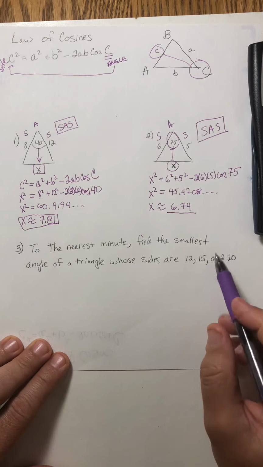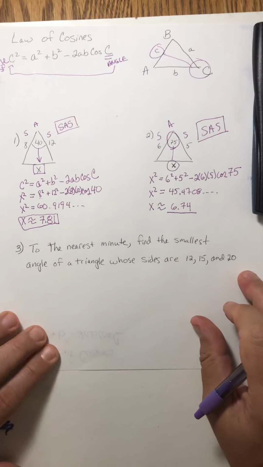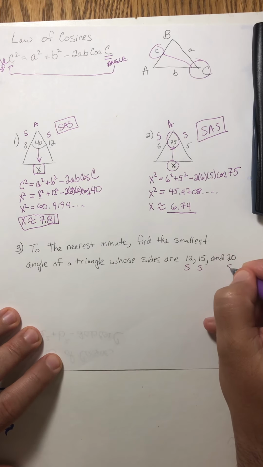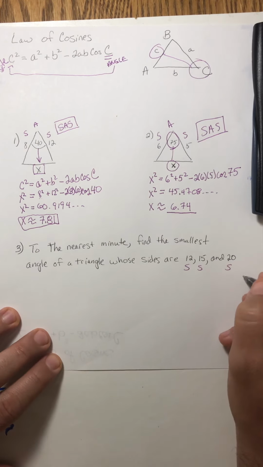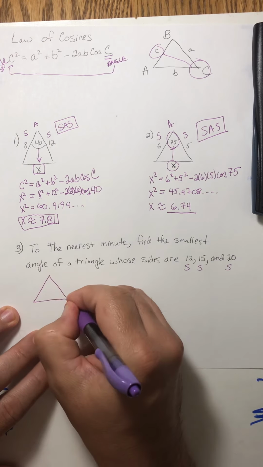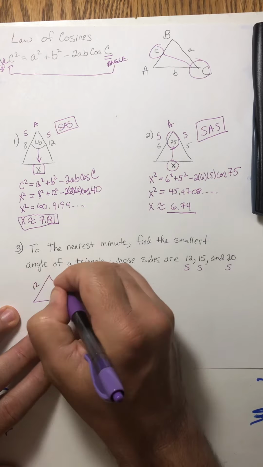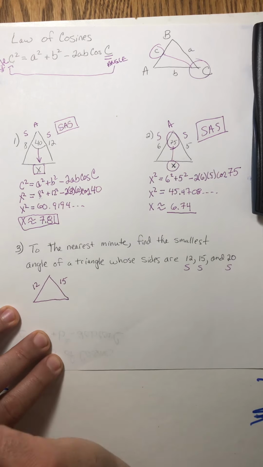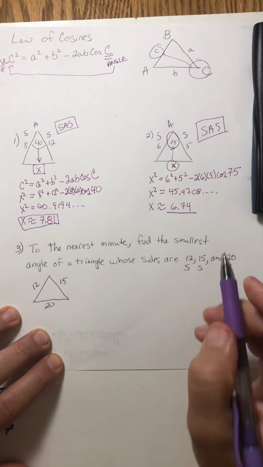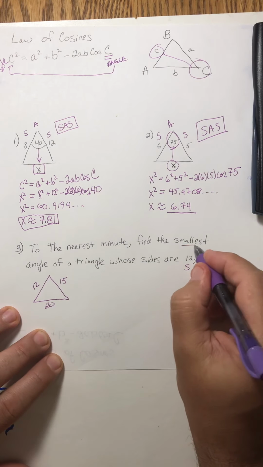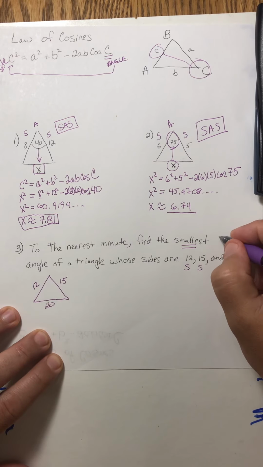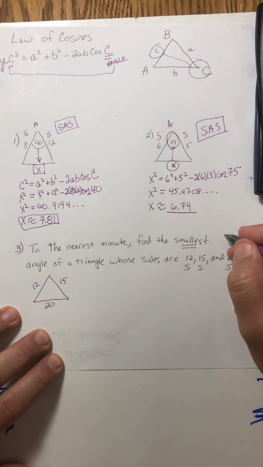All right, so let's go back. Let me draw our picture first. So we have all 3 sides now. So I have 12, 15, and 20. Going back to our geometry days, finding the smallest angle, that is always across from the smallest side.